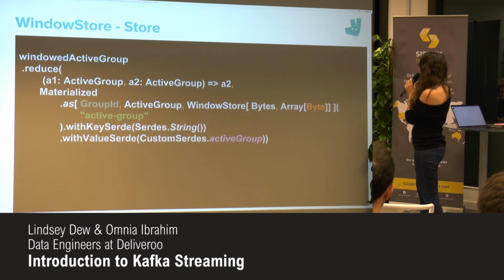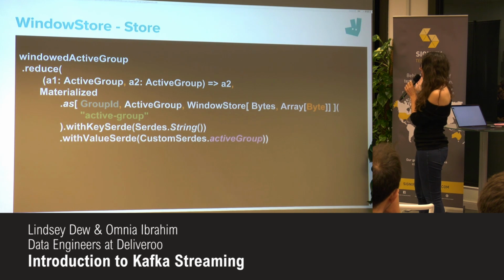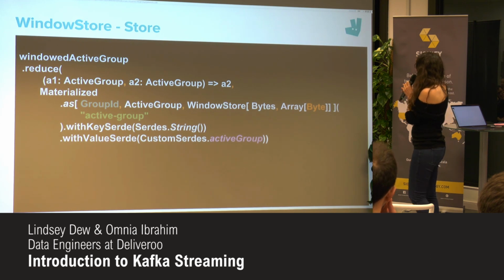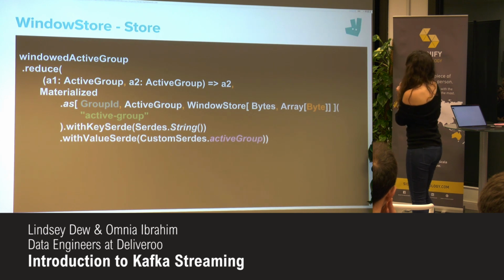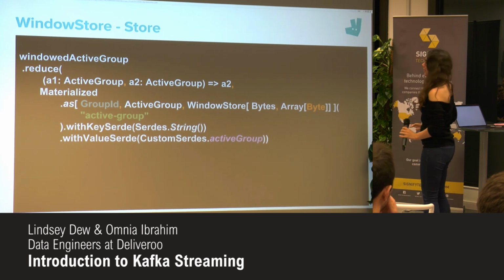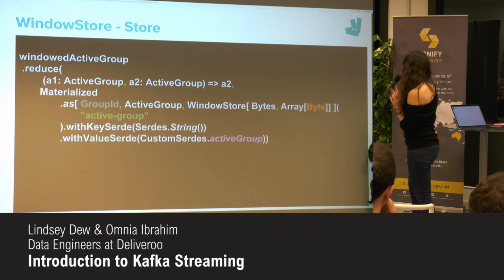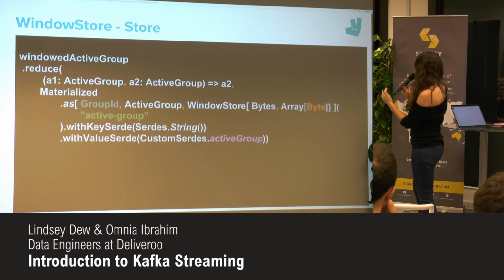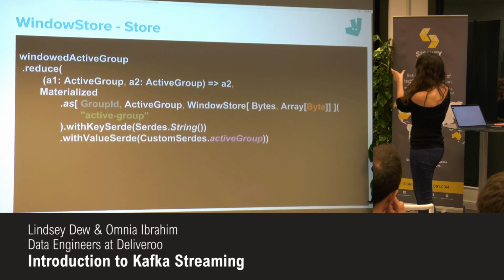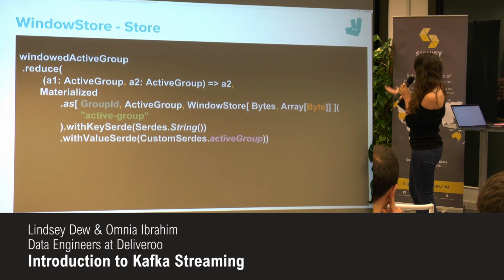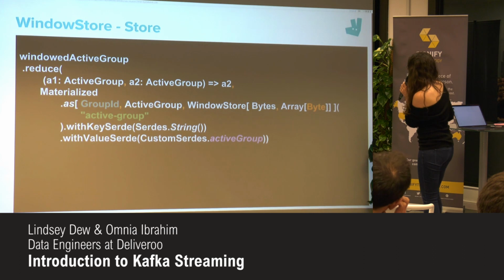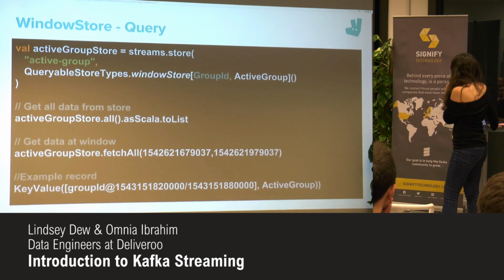That's because we know we've got the latest group metadata from the previous computations, and the actual granularity of the offset information isn't super important to us here, so we're just choosing a record. And then we can use materialized as, serialized as, where we pass in as type parameters our key and value, and then the type of our store, and we can give it a handle for us to be able to call that later. And again, we need a key and value serde.